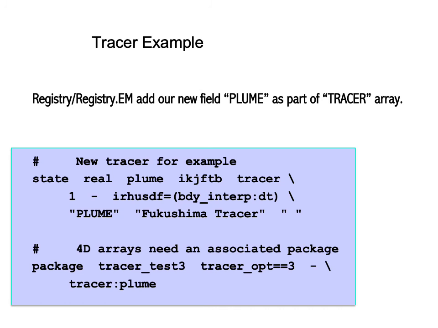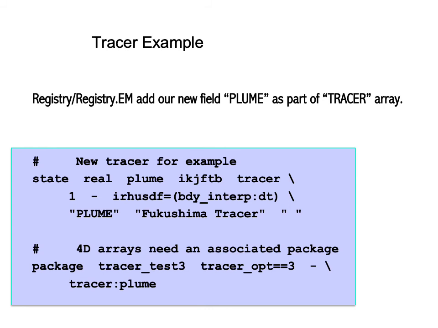To do this, there are only a couple changes that we make in the registry. We already have a 4D array called tracer. We simply go down to the tracer inside of the registry, and there are a number of components already. And we simply add one.